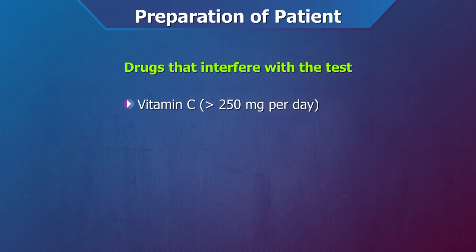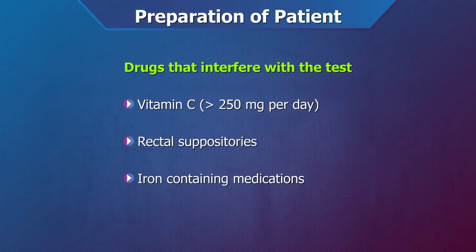Vitamin C, when taken in amounts greater than 250 mg per day, has been shown to induce false negative results. Rectal medications such as suppositories and iron-containing medications may also interfere with these tests and should be discontinued 2 days before and during the test period with the consent of the physician.